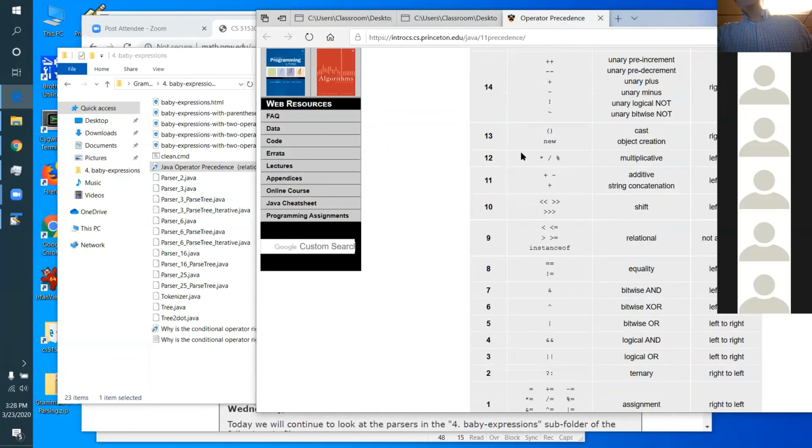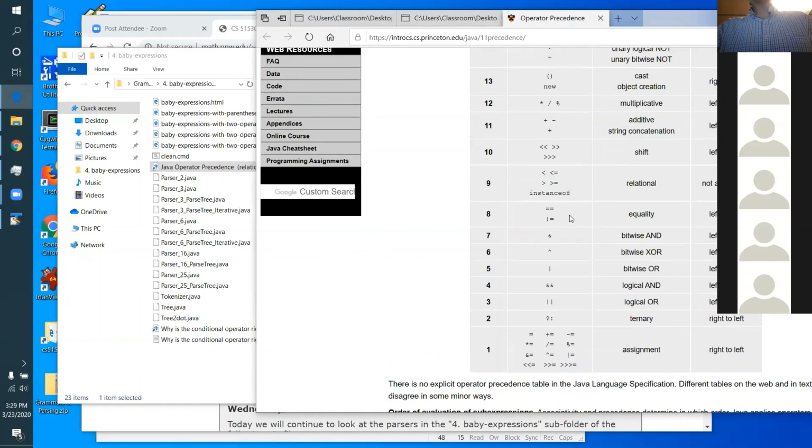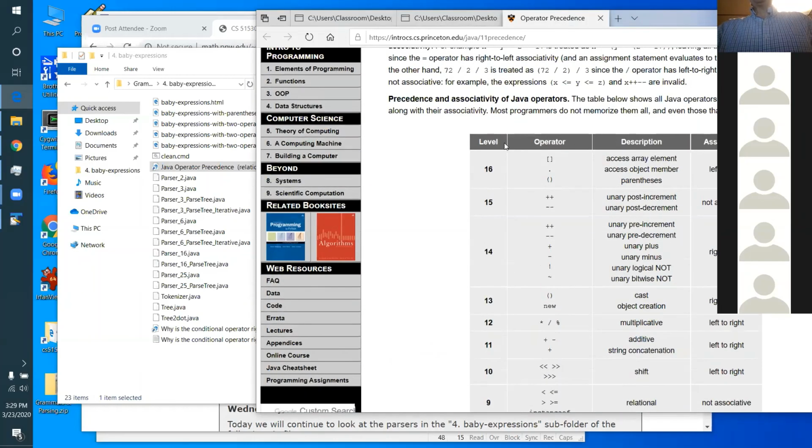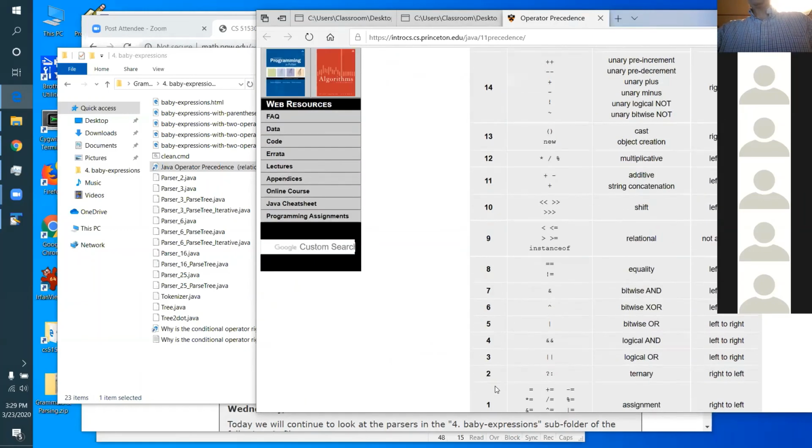Maybe later on we can look in the Java language specification, where the Java grammar is, to get a sense of how they do that. But you can notice that one of the things they're trying to do is set the precedence. So there's 17 levels of precedence.